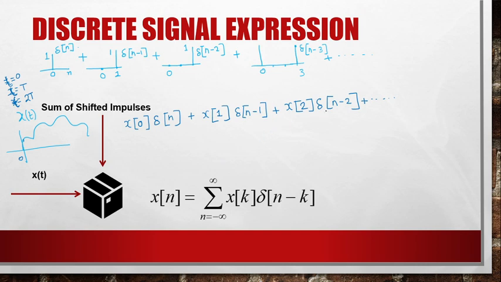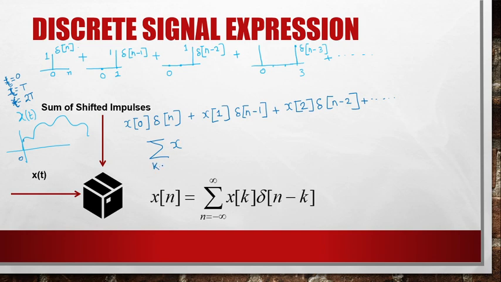So if this is the signal and I want to write it in a generalized way, what can I write? x is present there. I take a summation sign like this, and this is n, so this is 1, this is 2, so I have to take another variable. So let's take it k.